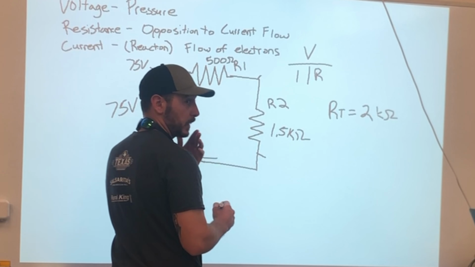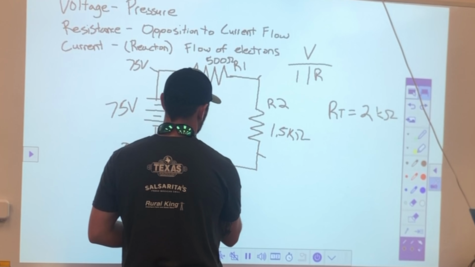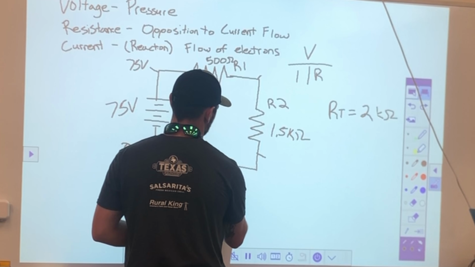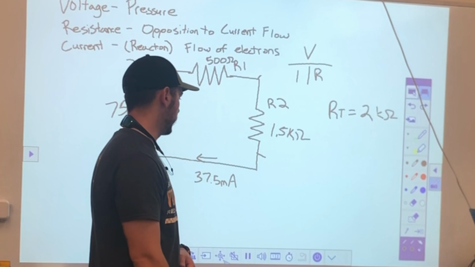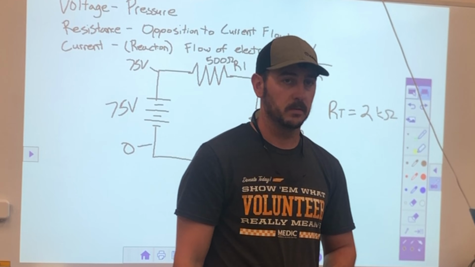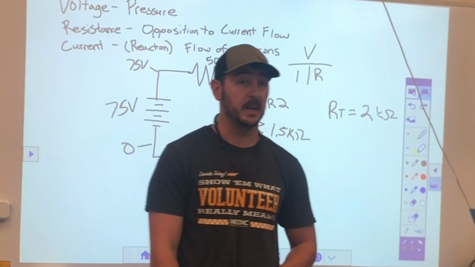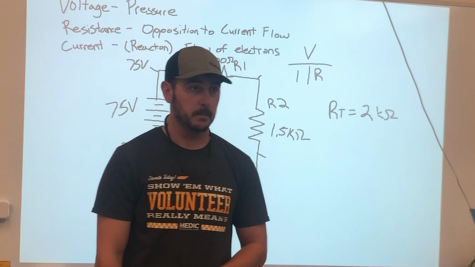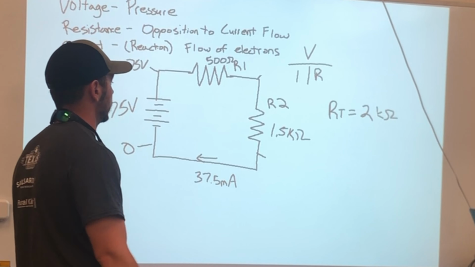So 37.5 milli, not micro. It'd still be milli. 0.0375, which is 37.5 milliamps, okay? Alright, my current went down because my resistance went up.